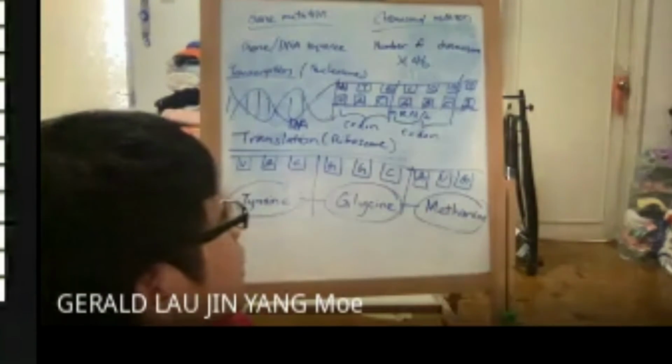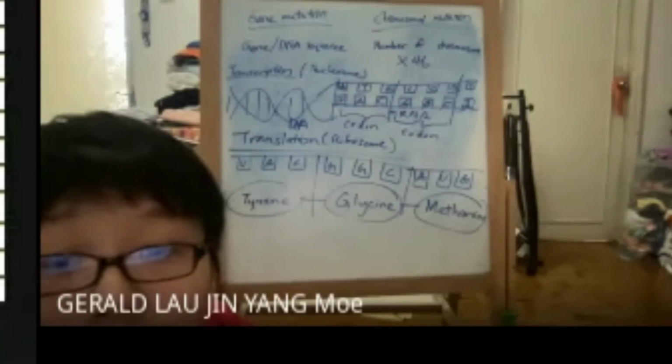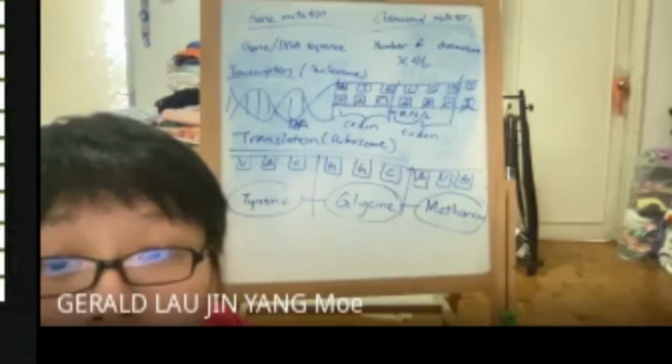No, I don't like that. CCC. So glycine. I'm saying glycine. Hold on, let me think of a sec. Think for a second. GCG. Okay.